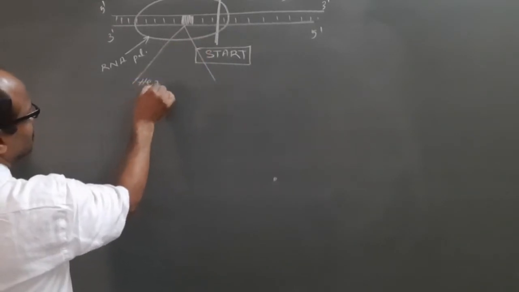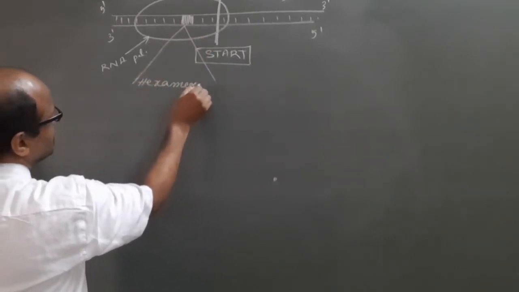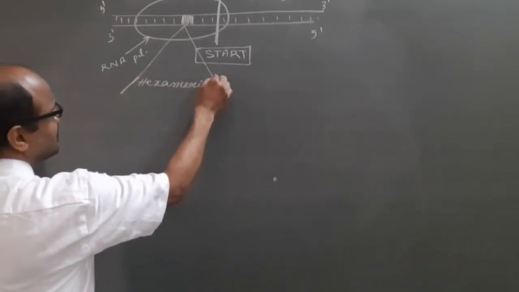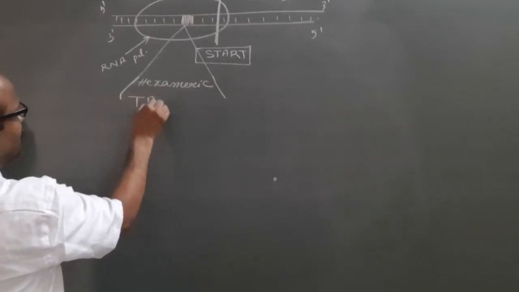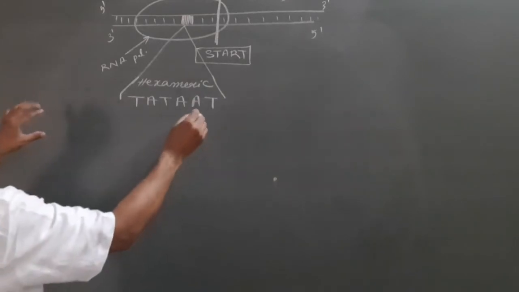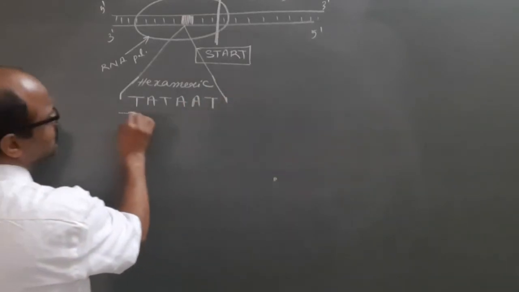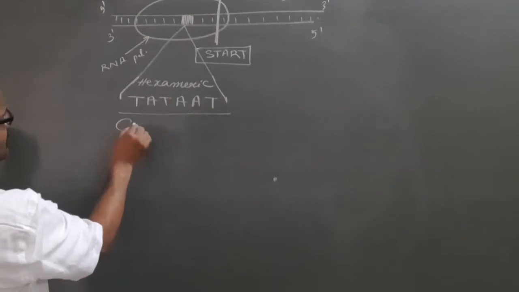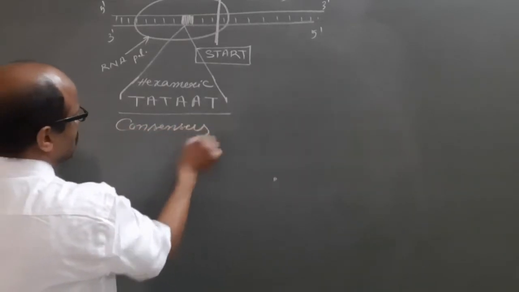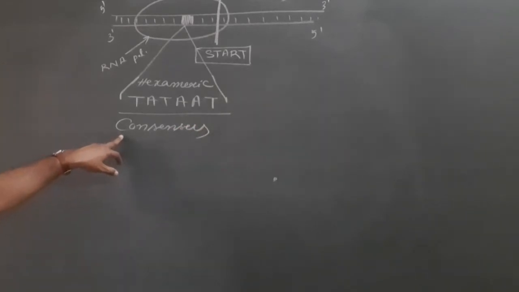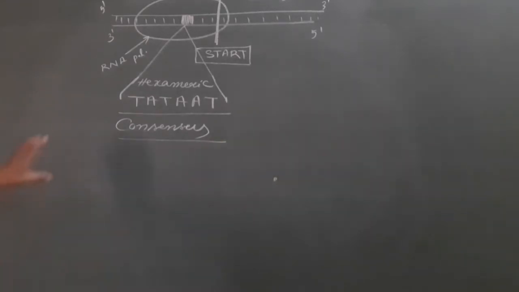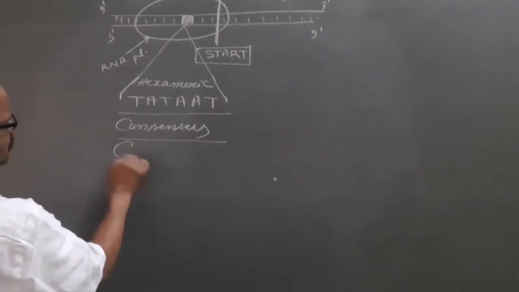The special sequence is here, TAT, and this special sequence is known as the consensus sequence, also known as the canonical sequence.